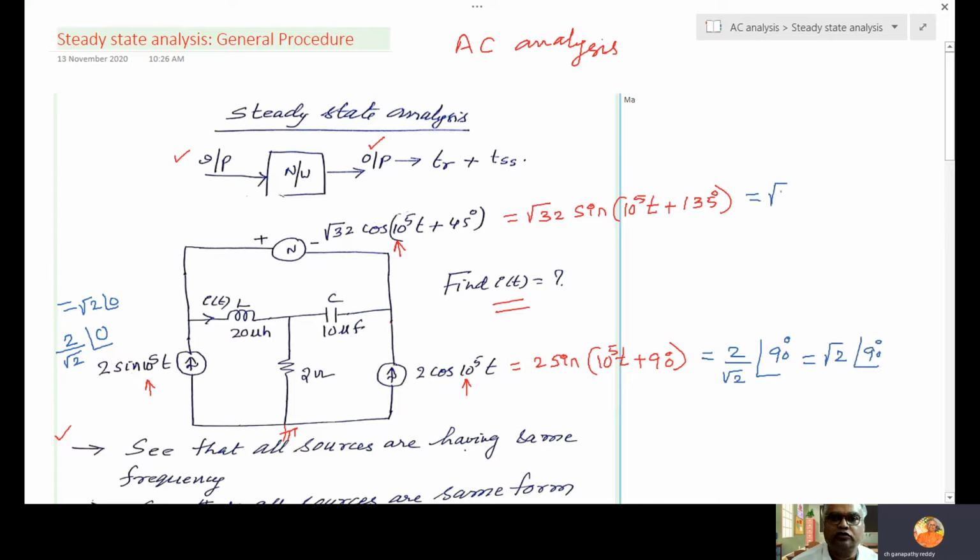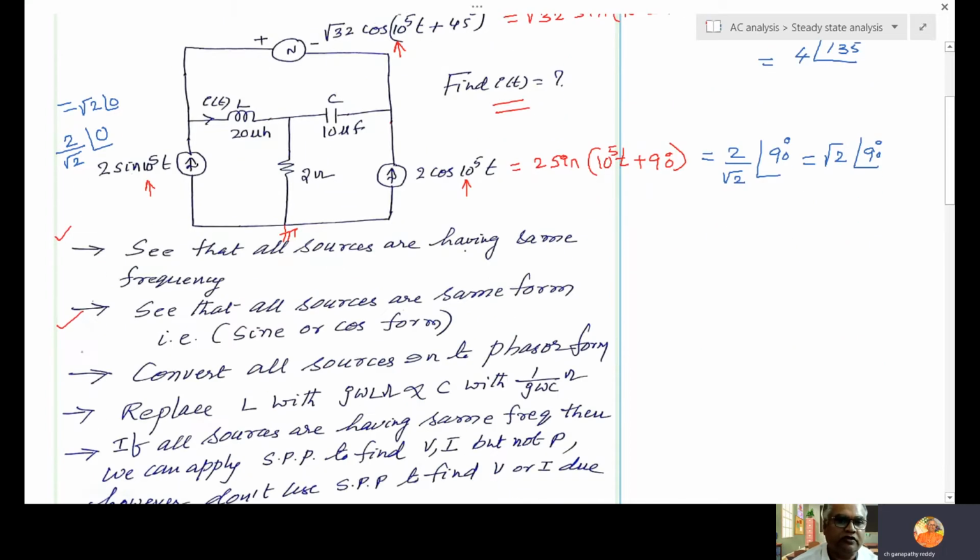Similarly, this one, root 32 by root 2 angle of 135, is equivalent to 4 angle of 135. So this third statement is done: convert all sources into phasor form. By default, phasor form means R angle theta, but generally phasor form must be in RMS.